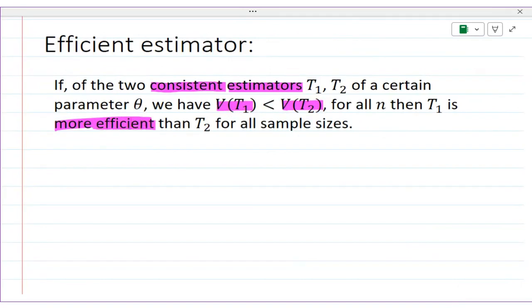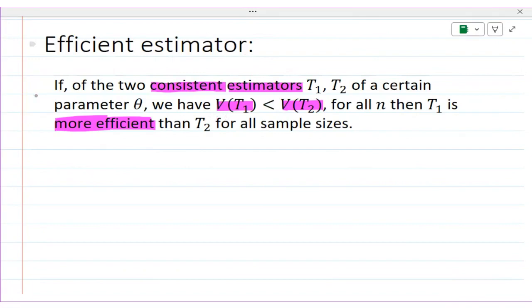Less variance, more efficient. Now, what is the meaning of most efficient estimator? First, I have told you that one estimator is more efficient than another if its variance is less than the variance of the other one.